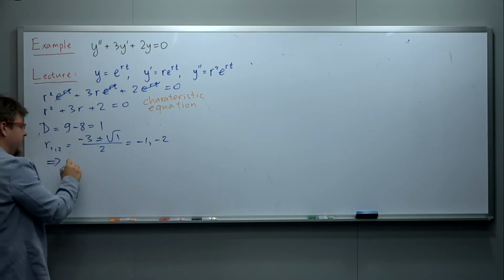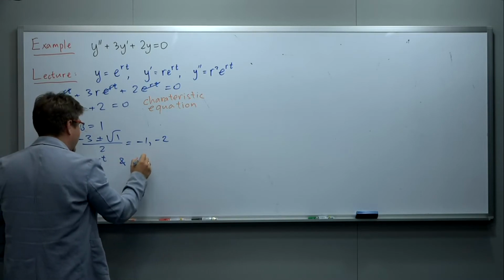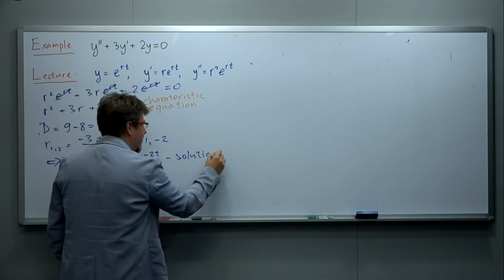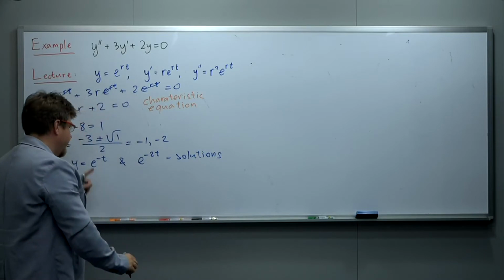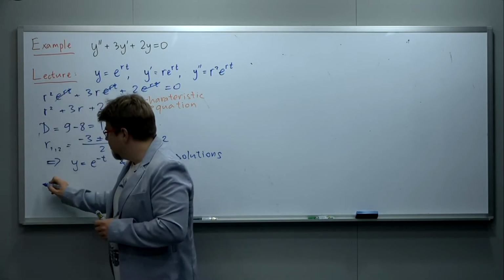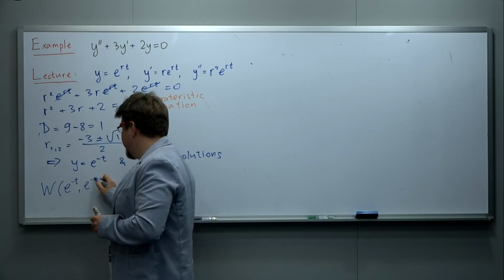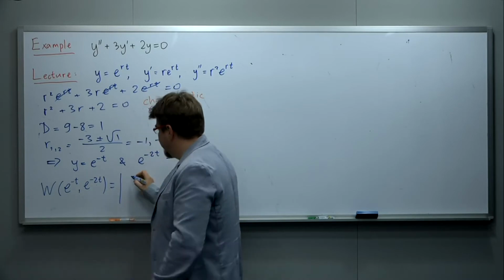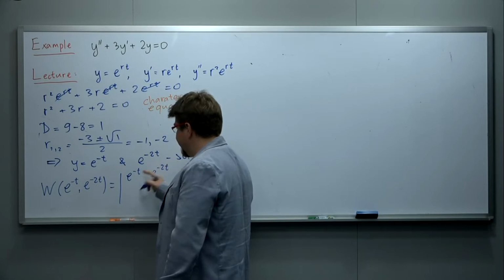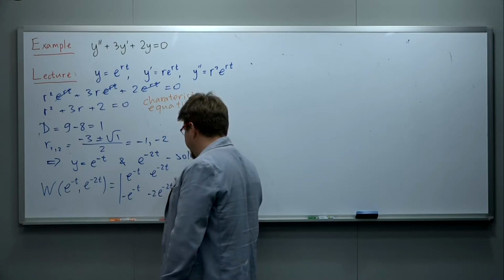So therefore, we see that y equals e to the minus t and y equals e to the minus 2t are solutions of the differential equation. Furthermore, in order to make sure that they are linearly independent, we can compute the Wronskian. The Wronskian of these two solutions, e to the minus t and e to the minus 2t, is the determinant of: the first row is just the two functions, and the second row is the derivatives, so minus e to the minus t and minus 2 e to the minus 2t.